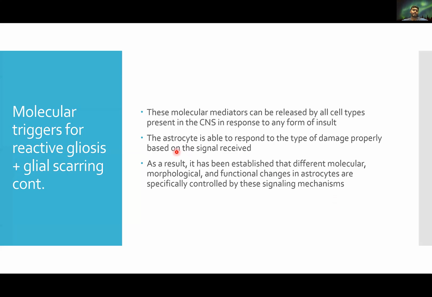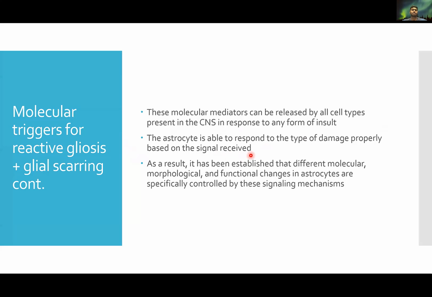And the astrocyte, right, it's not able to look at a CT scan and say, oh, this guy has edema, or this guy has a stroke, which caused edema, or a GSW to the head. The astrocyte is not able to do that. All it's able to do is really say, okay, these are the molecular mediators I'm given, and that correlates to this type of response, or to this correlated cause.